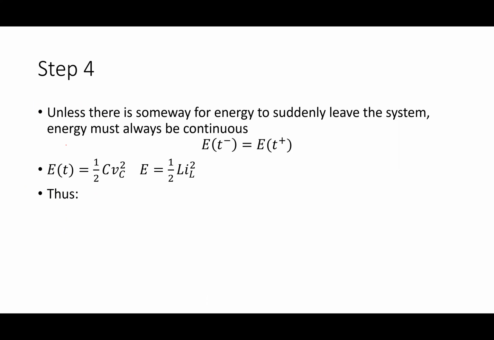I'll explain that idea of leaving the system in a second, but when I say energy has to be continuous, that means the energy right before now and right after now, that's what t minus and t plus are, have to be equal to each other. That's why capacitor voltage and inductor current are really important. So if energy has to be continuous, what has to be true about V sub C and I sub L? What do they have to be?